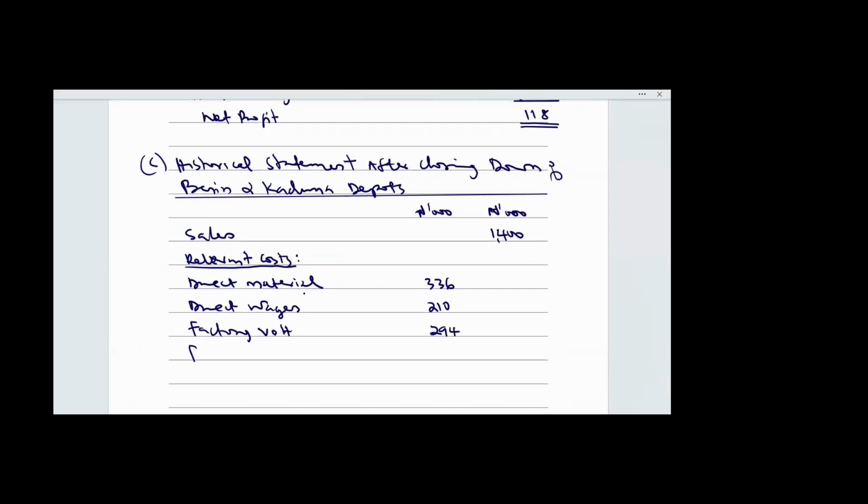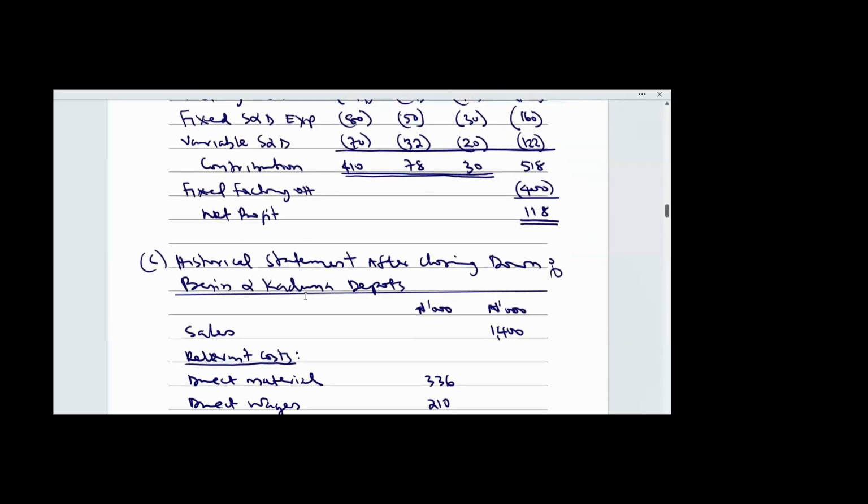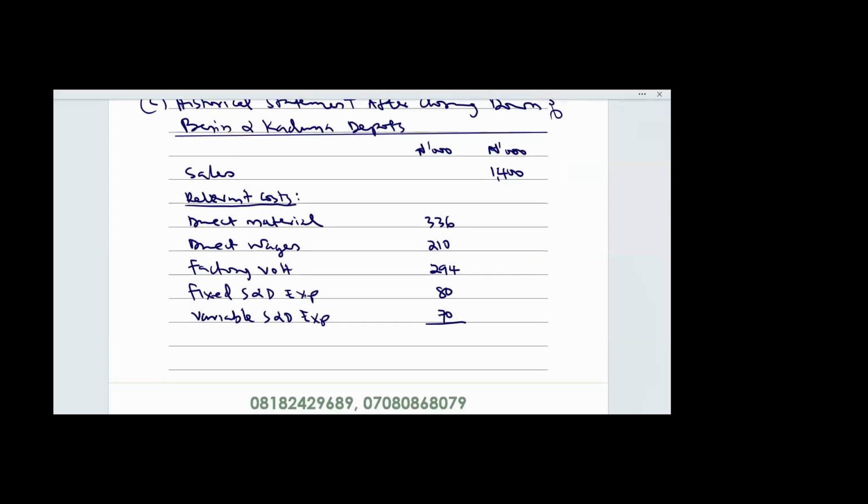Then fixed selling and distribution expenses for Lagos at 80,000. We have variable selling and distribution expenses for Lagos at 70,000. When we add everything together, we get 990. 1,400 minus 990 gives us 410. So this represents the total contribution for Lagos.